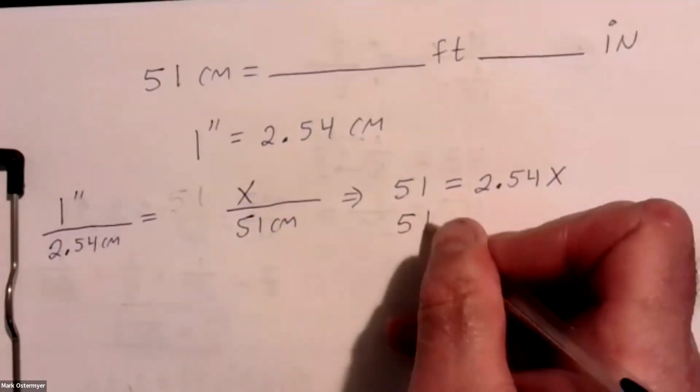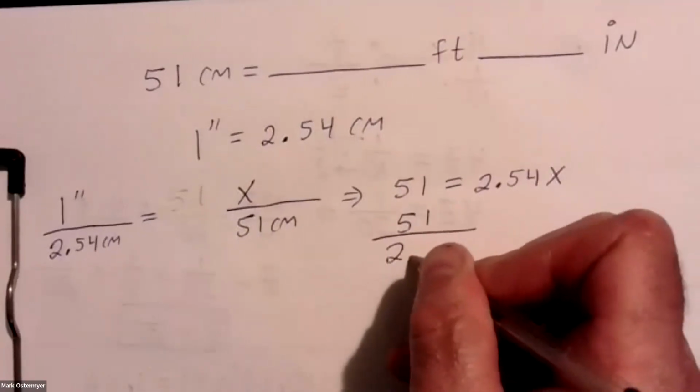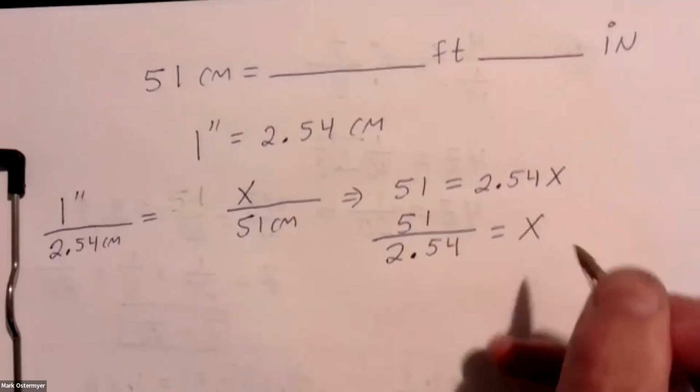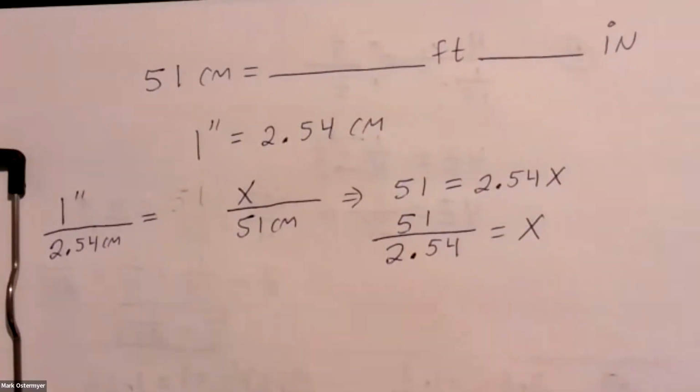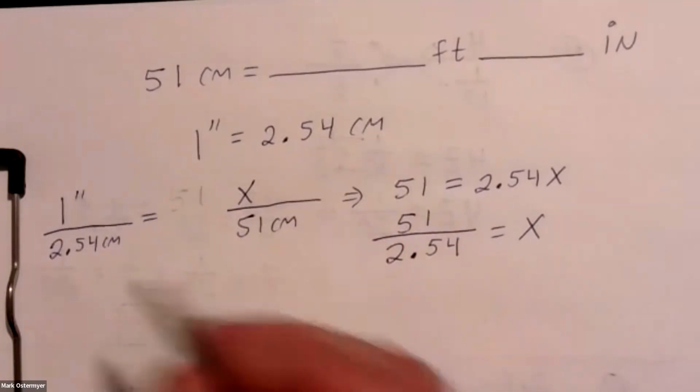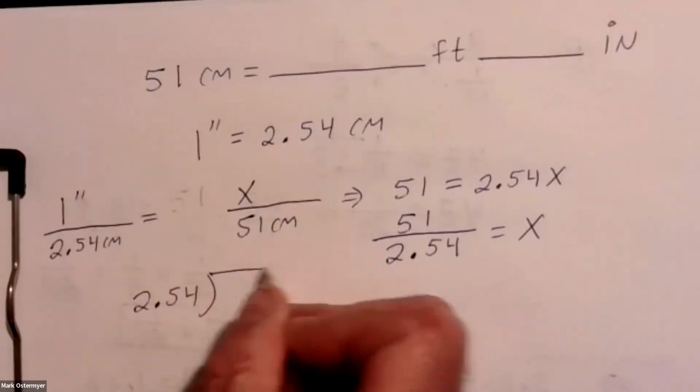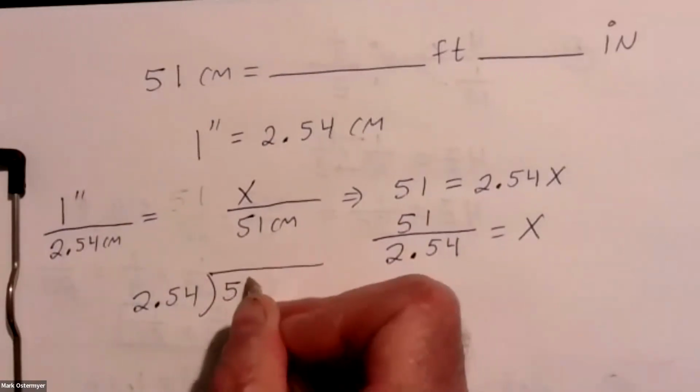Now we're going to divide 51 by 2.54. So we're going to divide 2.54 into 51.